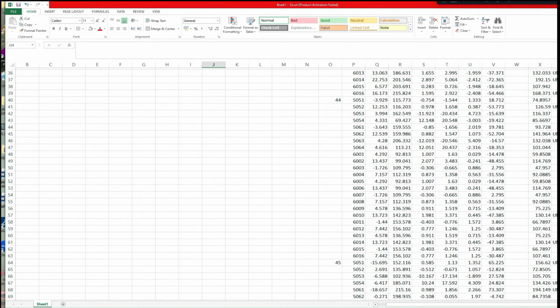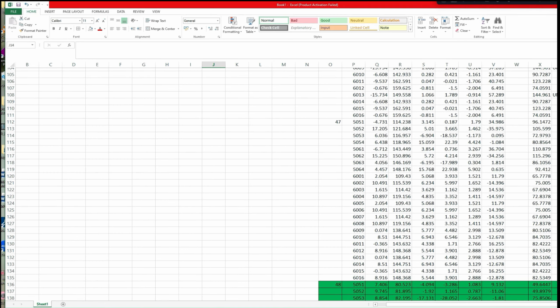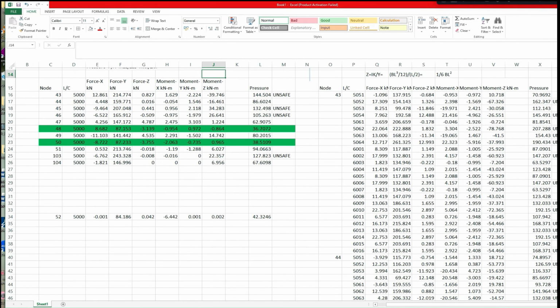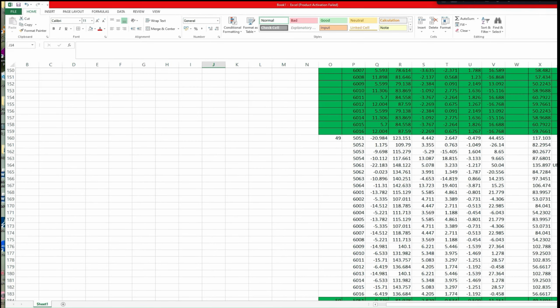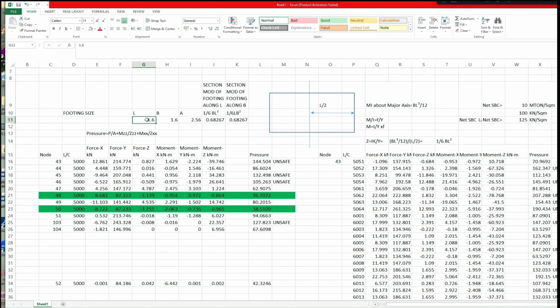Now 47 is safe. Next is our 49. Let us go to 49. 49 is unsafe. So let us increase it a little bit, 1.65 by 1.65.